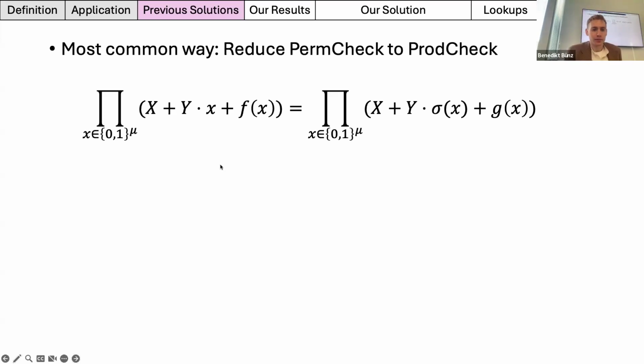If I want to prove that two lists are permutations of each other, or the two multi-sets, what I can do is interpolate a polynomial that has roots at the values in the set. So for example, x minus, let's call the sets A and B.